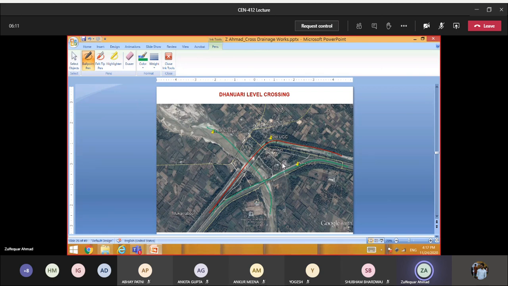And here this level crossing is being provided, but a level crossing is not being provided at the new structure. Okay, the reason behind that is that here the river bed has degraded, and therefore here a siphon aqueduct is being provided. However, here the level crossing is being provided. Okay.